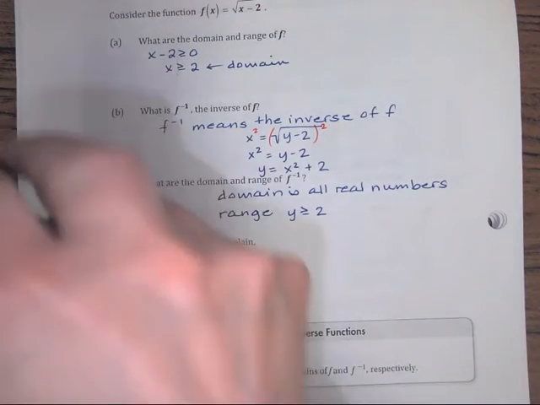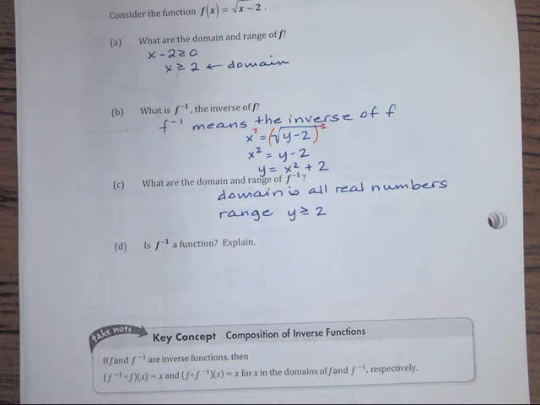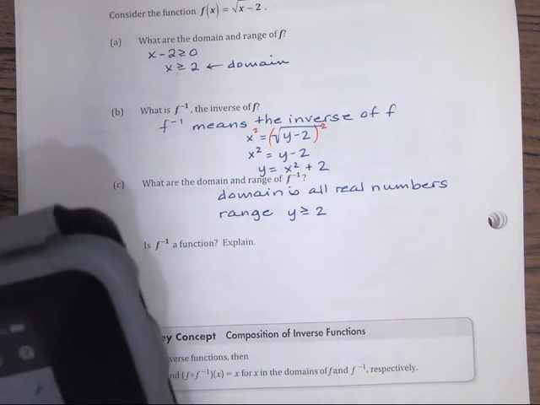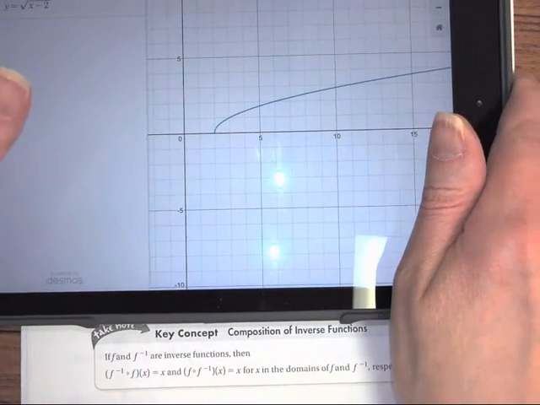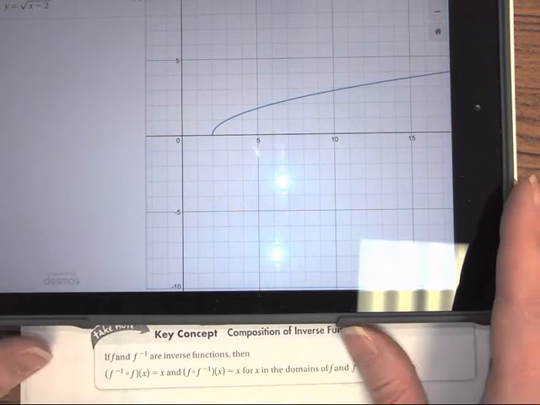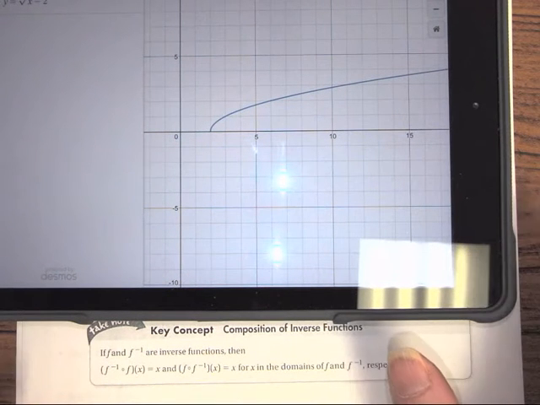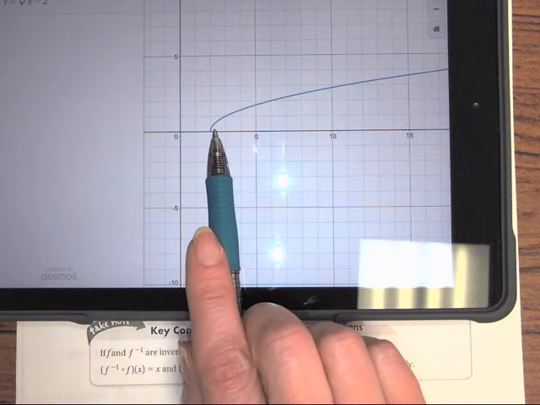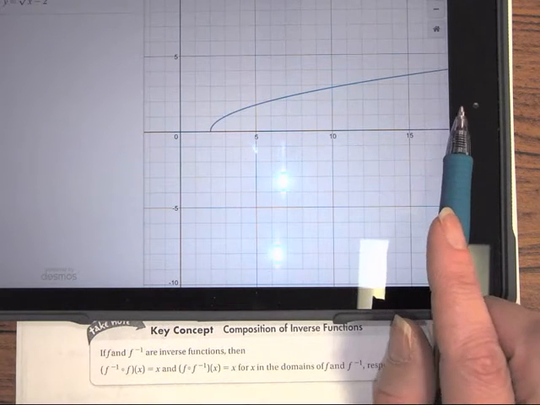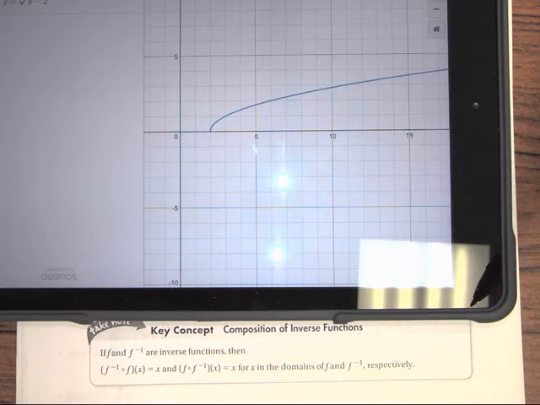Now, I want you to take a look at something. Let's put this graph back on here. So we just determined that the domain is x is greater than or equal to 2, which means everything from here this way, right? What the heck is our range?